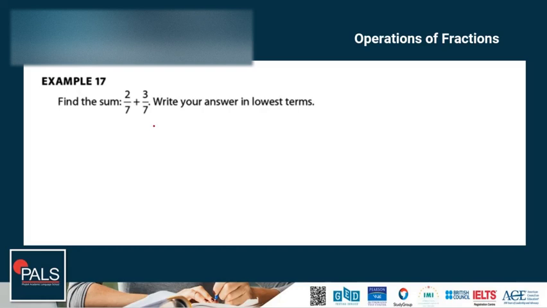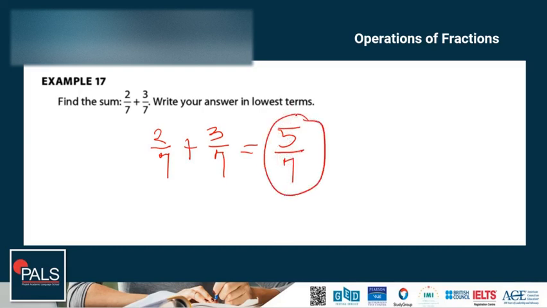So 2 over 7 plus 3 over 7 is equal to 5 over 7. Again, when the denominators are the same, you just need to add or subtract the numerators.